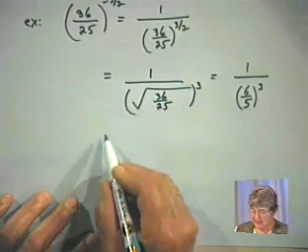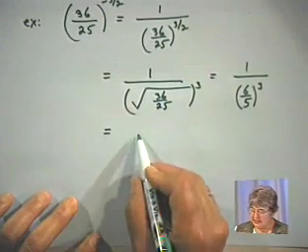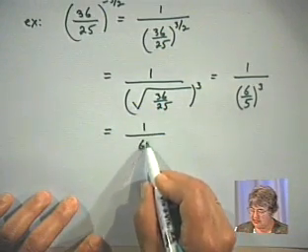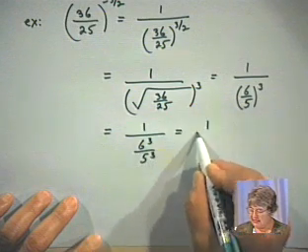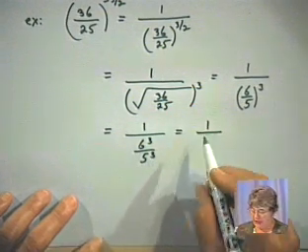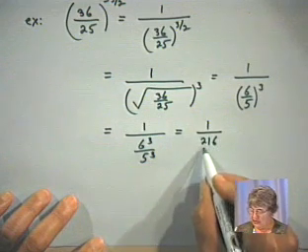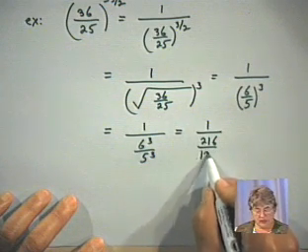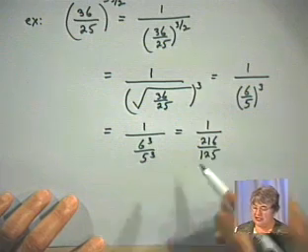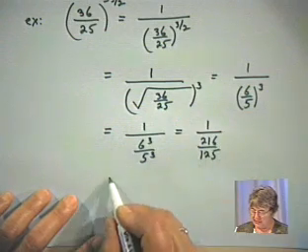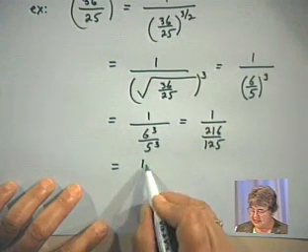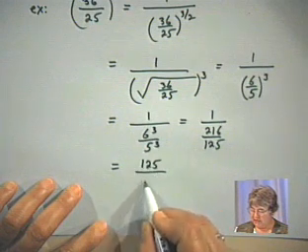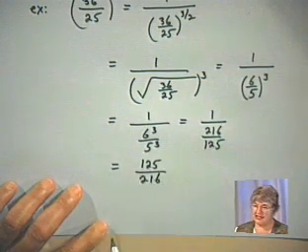But that's the same thing as saying this is 1 over 6 cubed over 5 cubed. That's the same thing as saying this is 1 over 216 over 125. Multiply, so this is the same thing as 125 over 216.